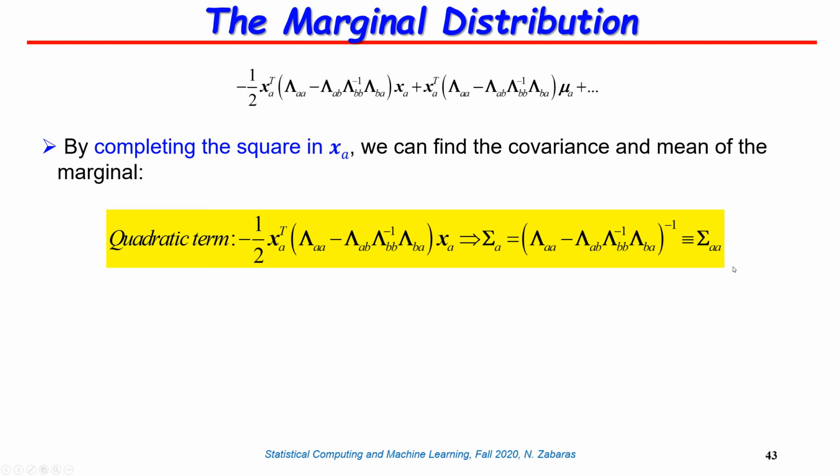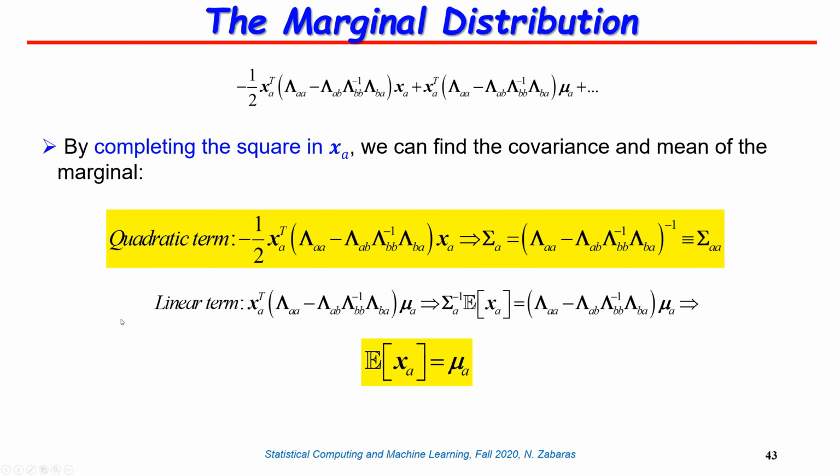So in some sense that makes sense, right? That's a result that sometimes we use blindly. If you want the marginal distribution, you take the corresponding values of the mean and the variance from the partition of those matrices, and that gives you the form of the marginal of XA.